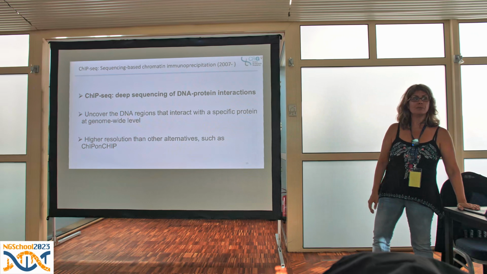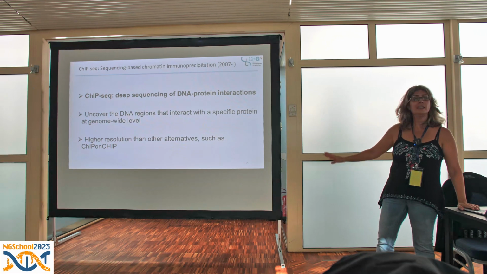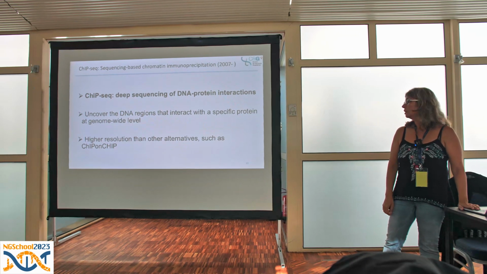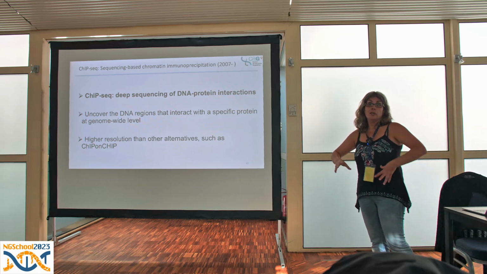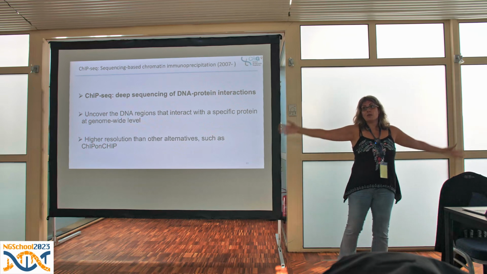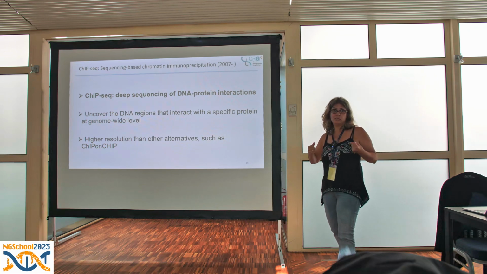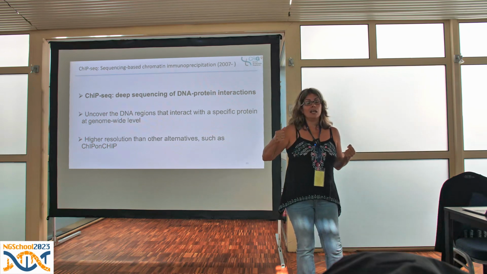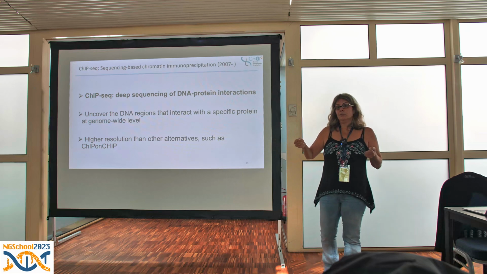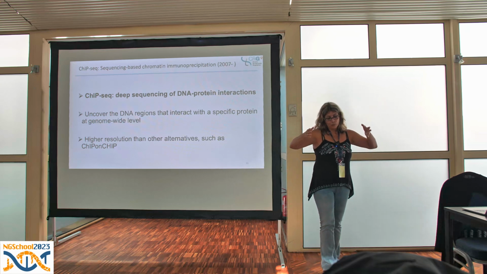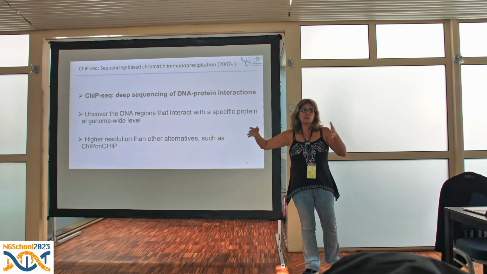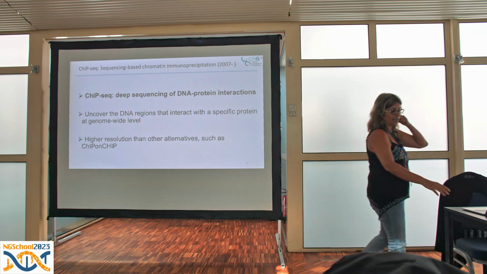In the case of ChIPseq, it is much higher resolution than ChIP-on-chip. For obvious reasons, in ChIPseq, you are sequencing all the genome that you are capturing. You will see now how we do that. With ChIP-on-chip, we were limited by the sequences that were present in this array, so they were much less efficient.